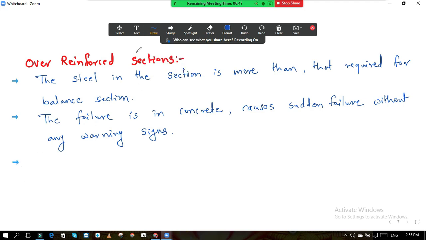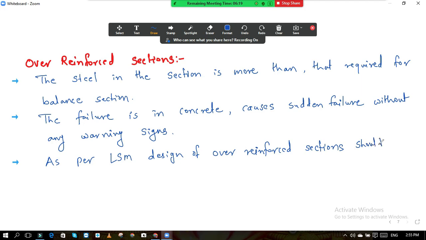So the next point is, as per limit state method, design of over reinforced sections should be avoided. Okay.